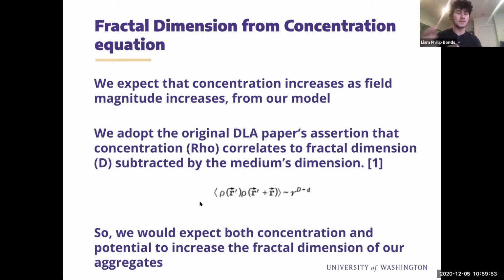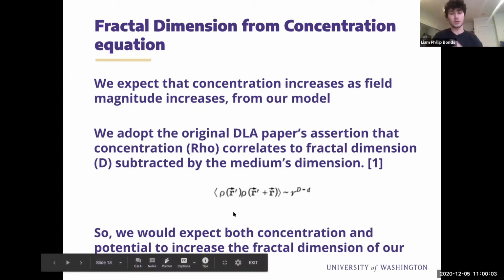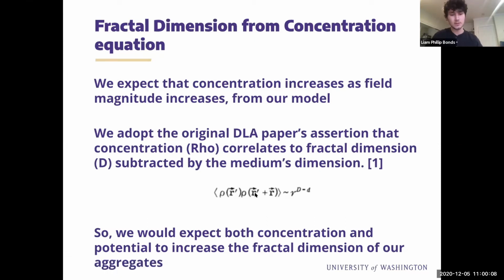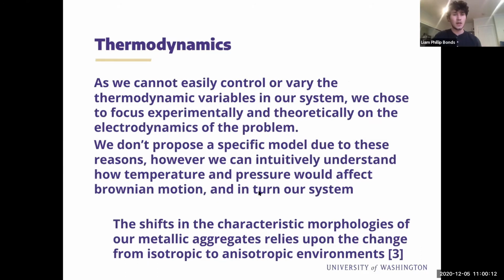We just use this idea to say that now that we have this complicated numeric model, we can understand how we can get fractal dimension based off of that. It's going to be somehow related positively to field and concentration.